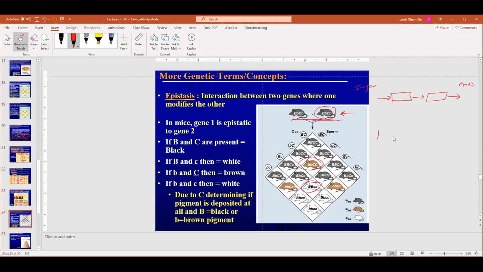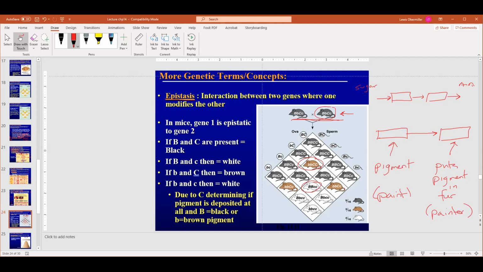And so what happens is that you have one gene, it makes the paint, the pigment. And once the pigment's made, then you also have another gene that puts the pigment in the fur, right? So think about it this way. You can think about this as the paint and this as the painter.